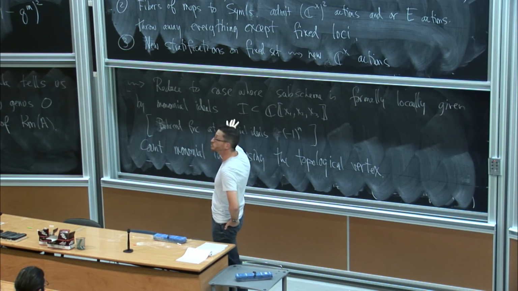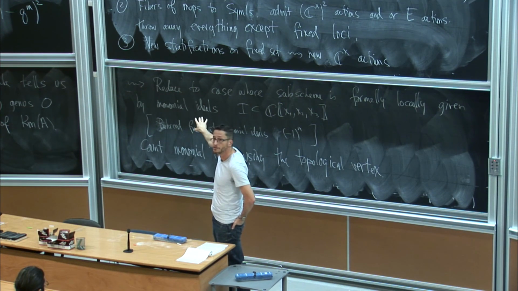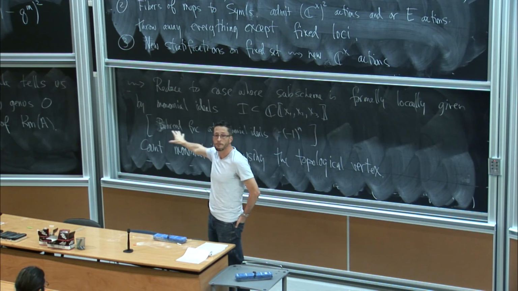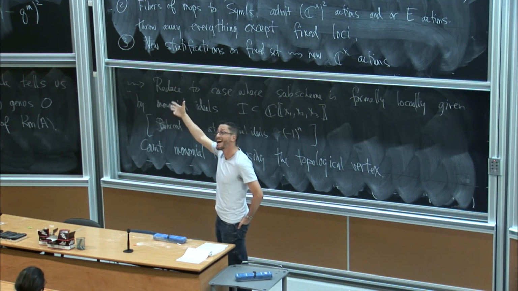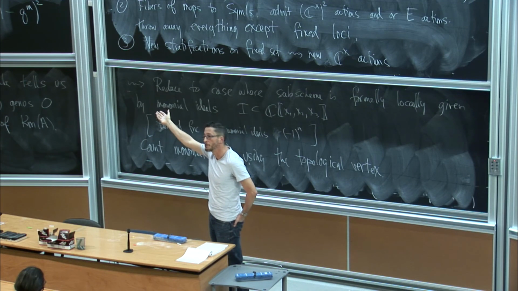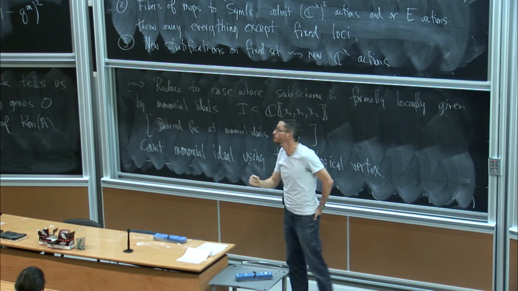So the formulas we get end up being characters of this representation of GL infinity, and Bloch-Okounkov have very nicely computed all those characters, and they come out as Jacobi forms. And this is how Jacobi forms make their appearance in this world with the topological vertex.